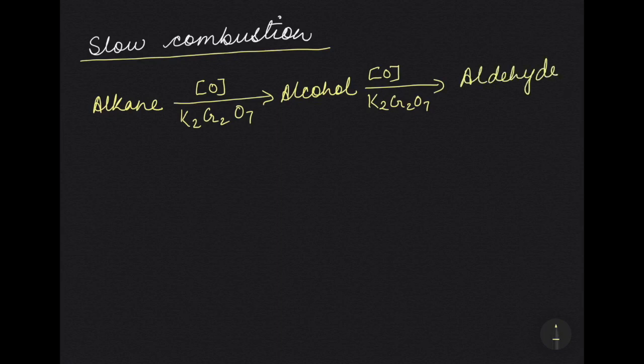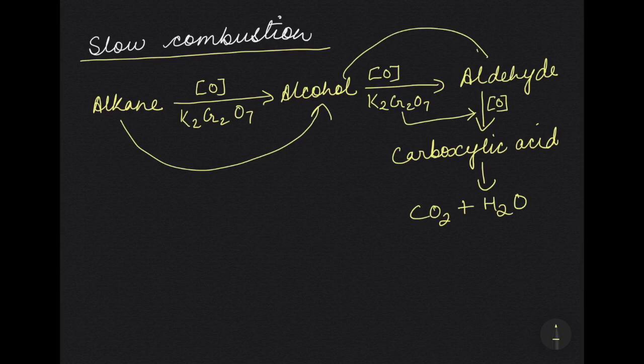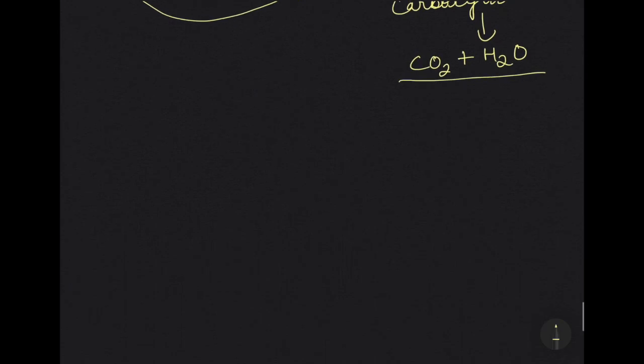Further, the nascent oxygen is given by the oxidizing agent potassium dichromate, and aldehyde will turn into carboxylic acid, which finally will turn into carbon dioxide and water vapor. So this is slow combustion. Alkanes turn into alcohol first, alcohol will turn into aldehyde, aldehyde will turn into carboxylic acid, which will finally turn into carbon dioxide and water.